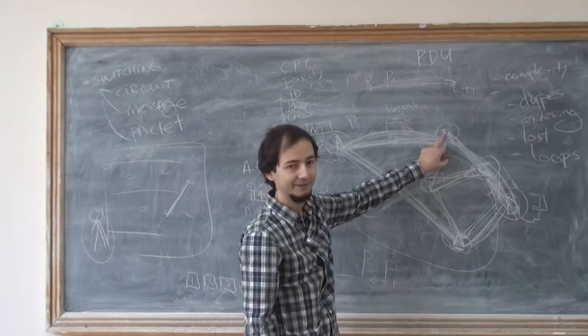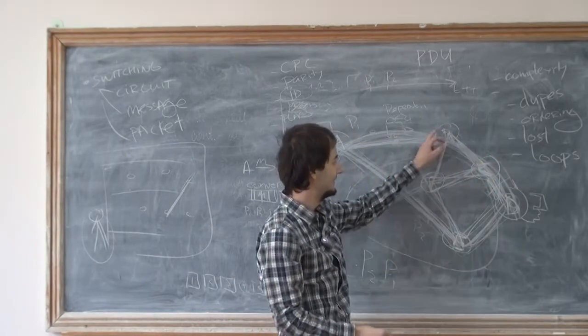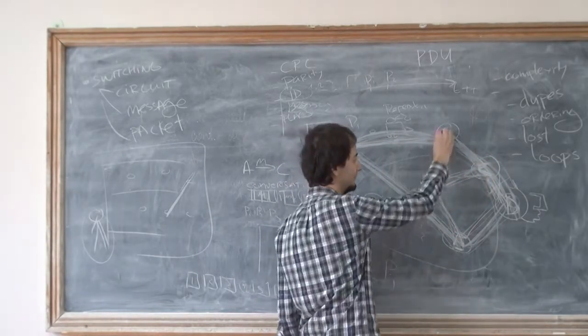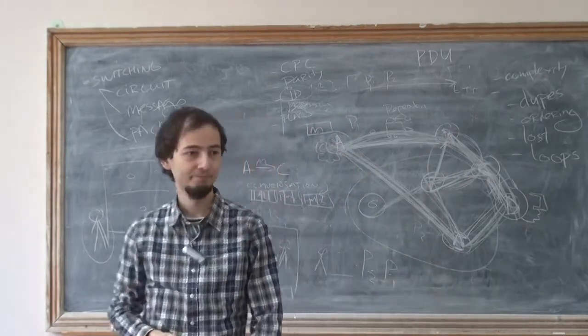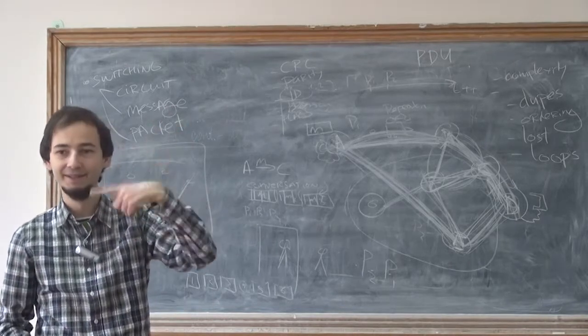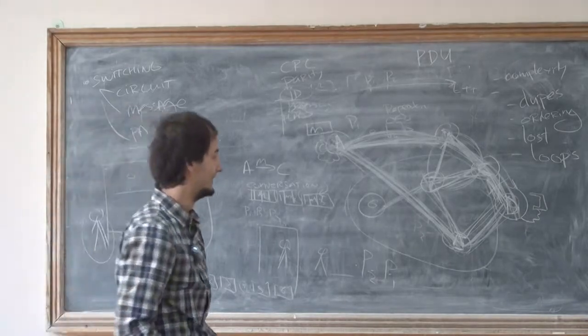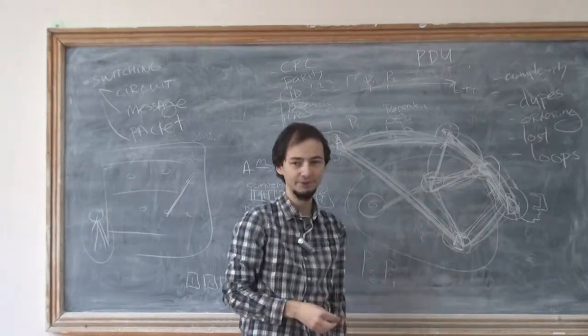And when this one gets it, it may decide to send it to C. So you can make a loop, and unless there is some mechanism to prevent you from infinitely bouncing the message from one node to another, it will indefinitely live on the network.